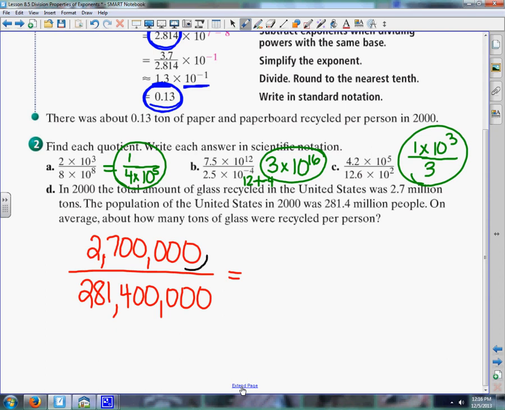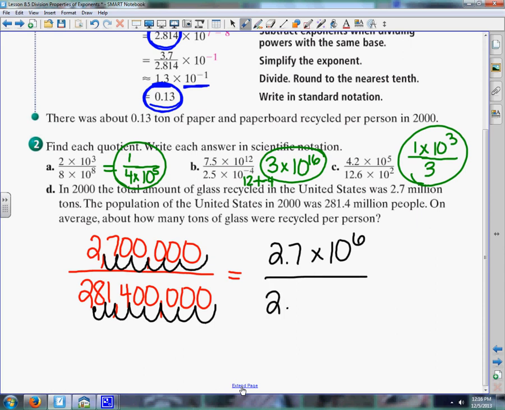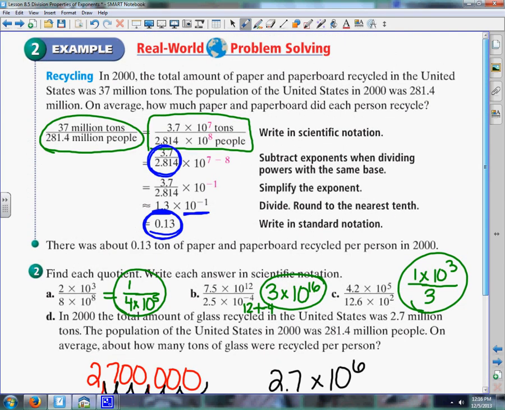So this would be 2.7 times 10 to the 6th, divided by 2.8 times 10 to the 8th. Or am I supposed to put the population on the top? Yeah, no. Okay.